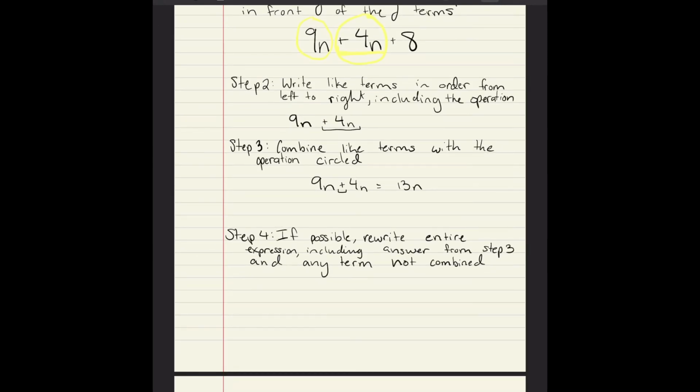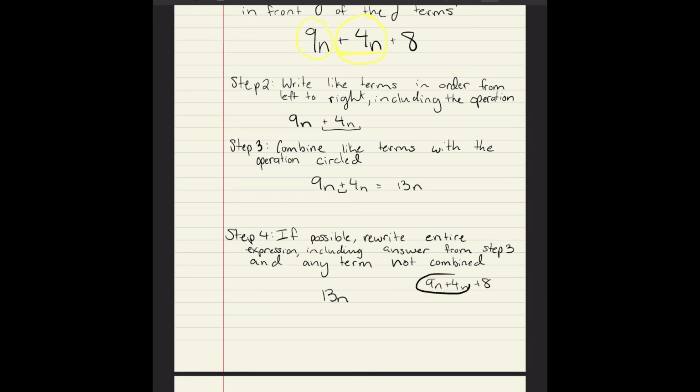Step 4 is, if possible, rewrite the entire expression including the answer from step 3 and any term not combined. What we got from step 3 was 13n. If we look back at our original expression, it was 9n plus 4n plus 8.